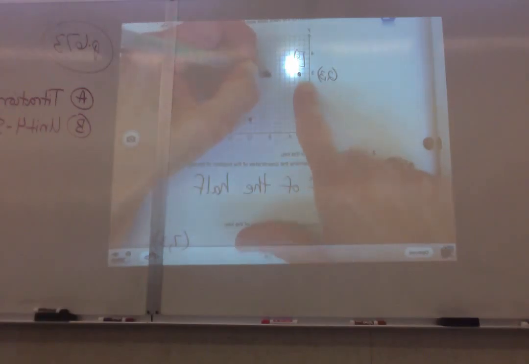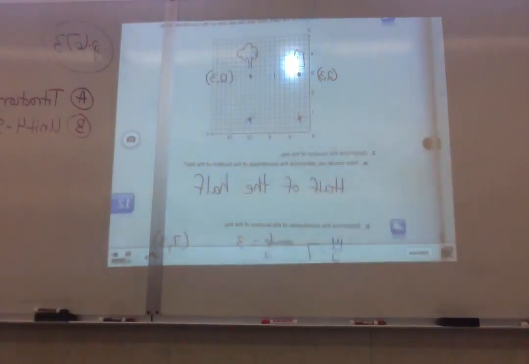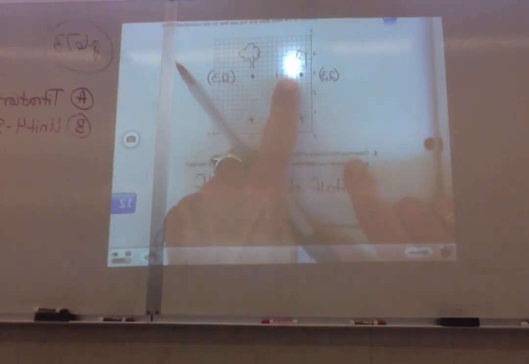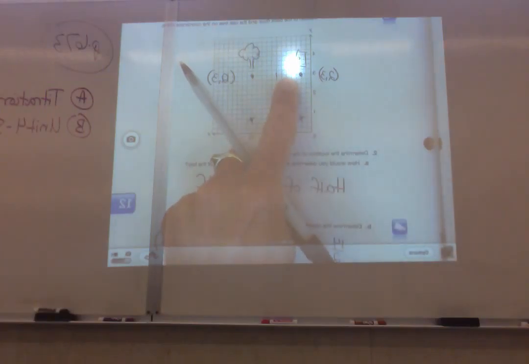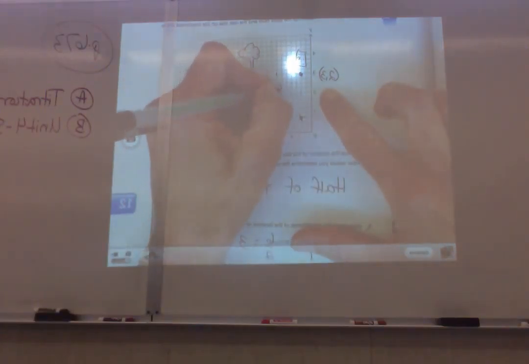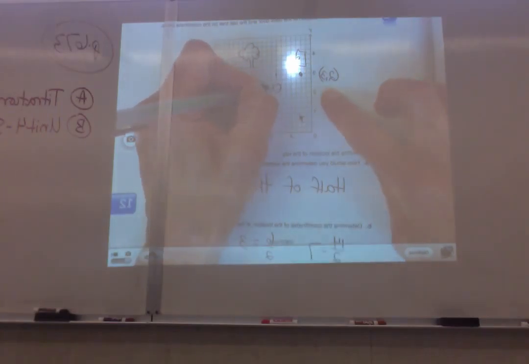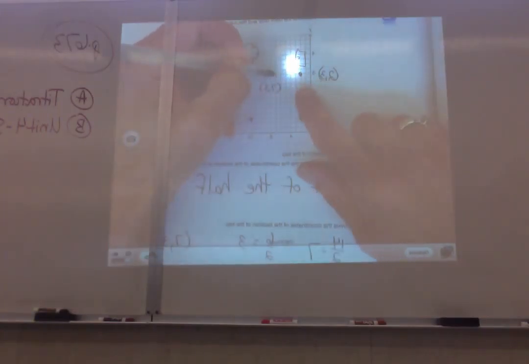Here's 7. I'm just putting a little mark. That's not the mark we need. Okay, I'm going to assume it's over here, closer to the door. Is that a good assumption? Yeah. Okay, so now what we're looking at is trying to find halfway between (2, 3) and (7, 3).